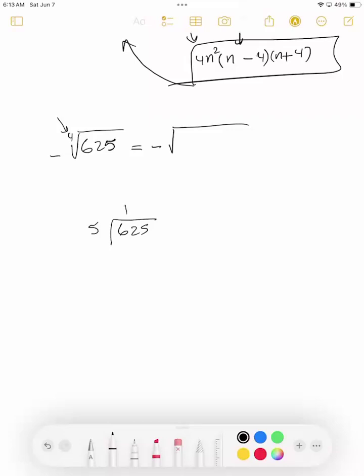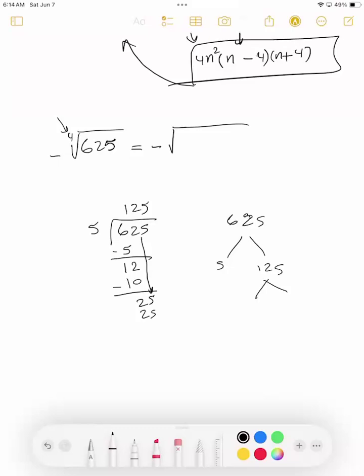So 1 times 5 is 5. 2 times 5 is 10. 5 times 5 is 25. So I can write 625 as 5 and 125.